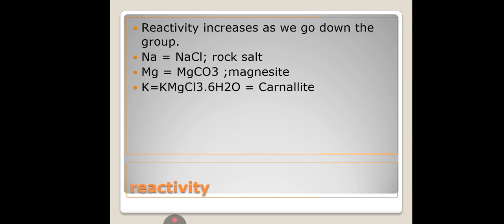And potassium is present in the combined state as carnallite, with magnesium, chlorine and 6 water molecules. These are all solids, present like a stone in Earth's crust, and they are separated using the metallurgy process. So this is all about s-block elements.